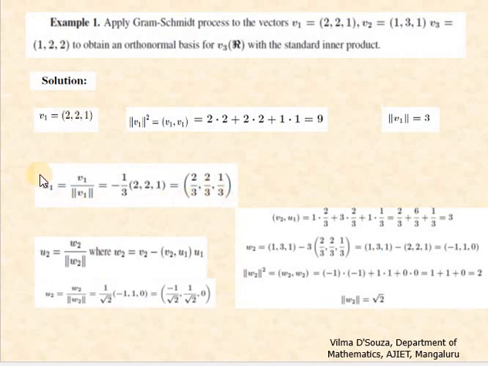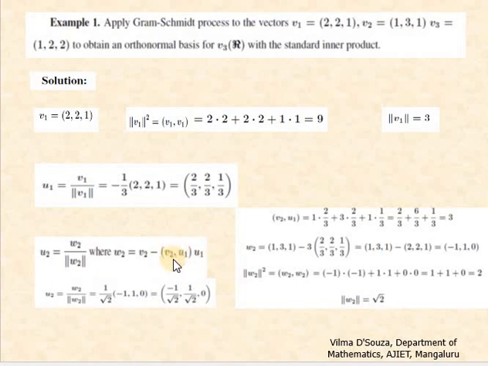Now finding U1 is very simple. How do you find U2? U2 is W2 divided by length of W2, where W2 is equal to V2 minus V2 comma U1 into U1.